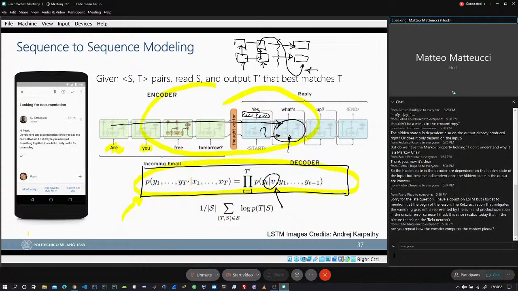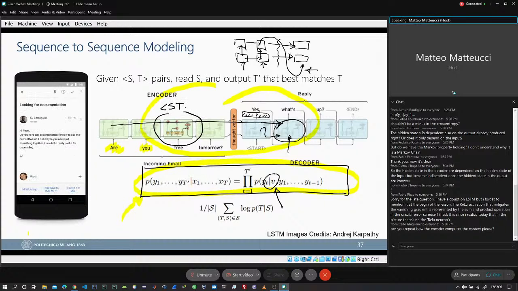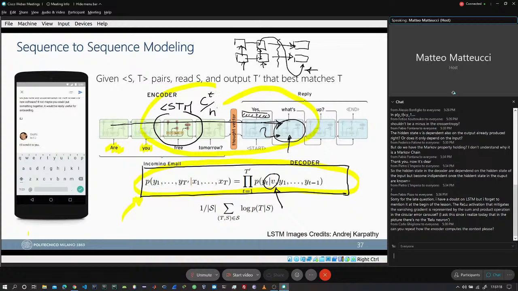Okay. Can you repeat how the encoder computes the context? How it computes the context? See, this is an LSTM. The context is the state, the C and H. So this is C at time t minus 1 and H at time t minus 1 of the LSTM.